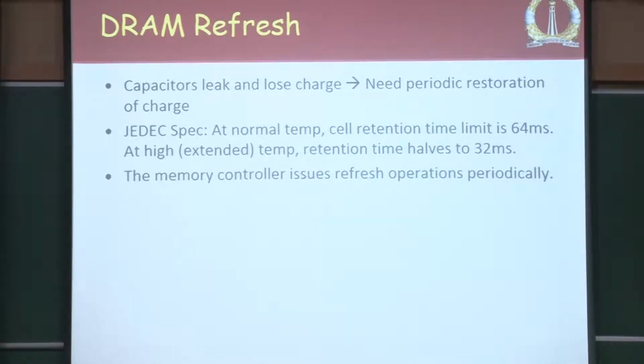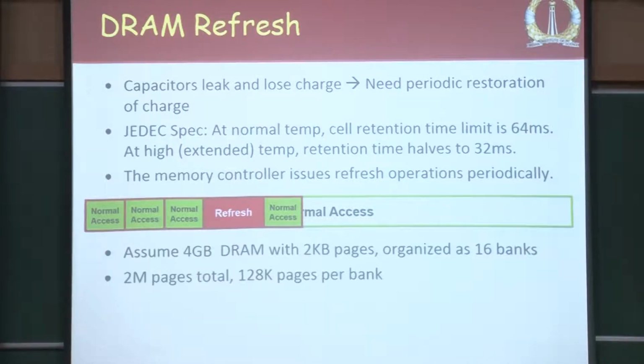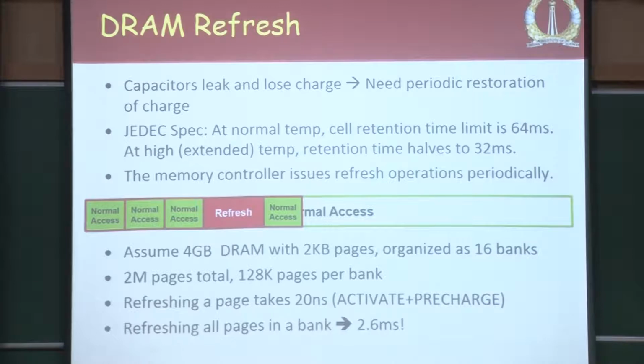The picture that I am going to show you will show it as contiguous, but do not think that it always has to happen that way. You could have periodic accesses to your device, then a refresh, then after the refresh again accesses, and again after another 32 milliseconds you have to do the refresh.